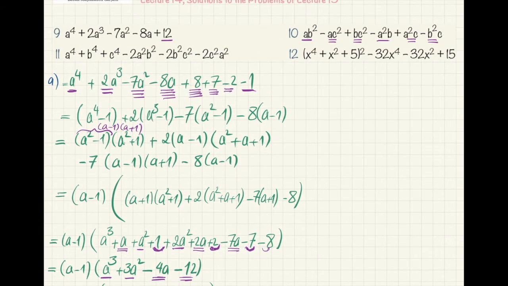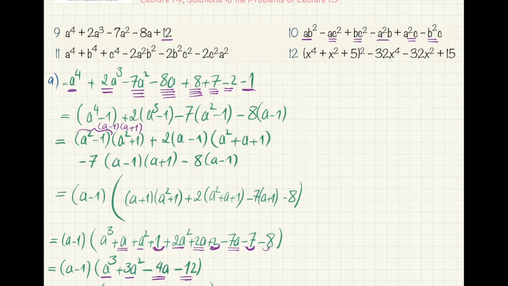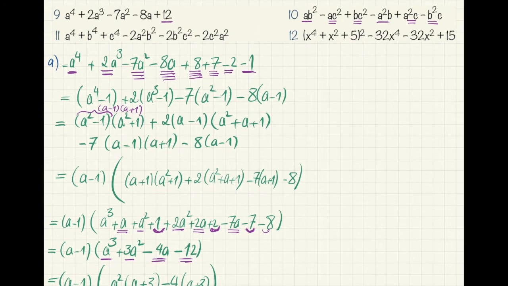If you don't mind, let me take this one with me somehow. This is a picture, I cannot move it around. So let me just do it here for you. So number 10, between these two, I factor AB out.